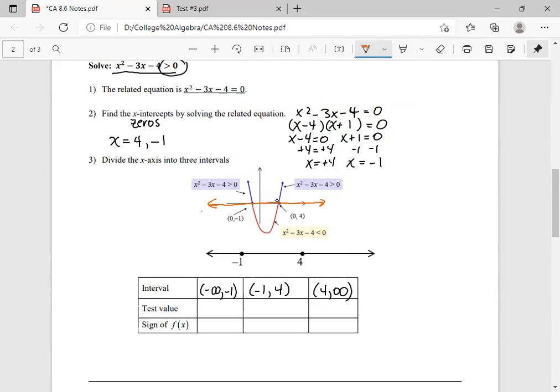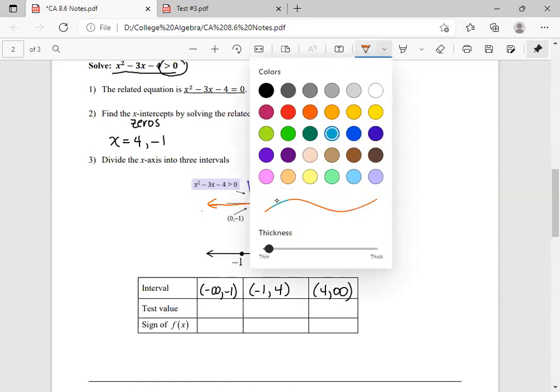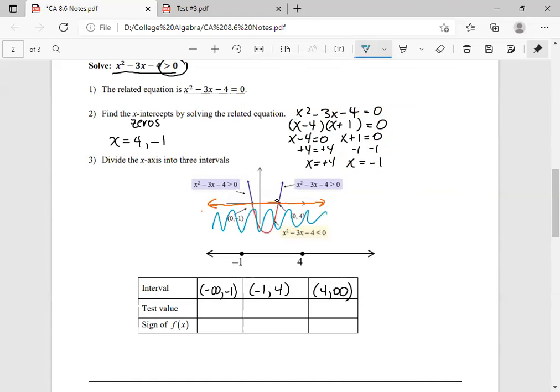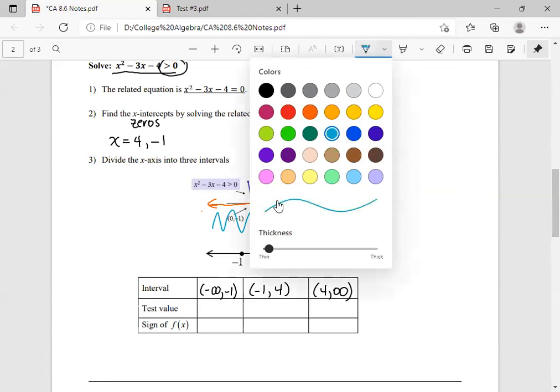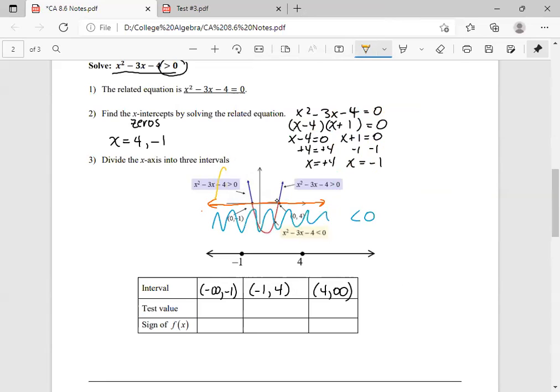So all of these things at the bottom of the graph, let me put this in a different color, these things down here would all be less than 0. And these things up here at the top of your graph, and I'm showing you this because you can kind of see the answers on your graph, all these things would be greater than 0. And the things that are actually on the line would be equal to 0, right?